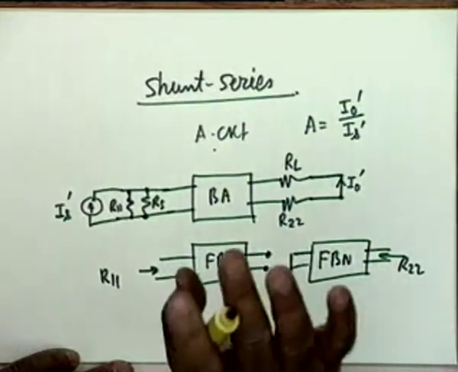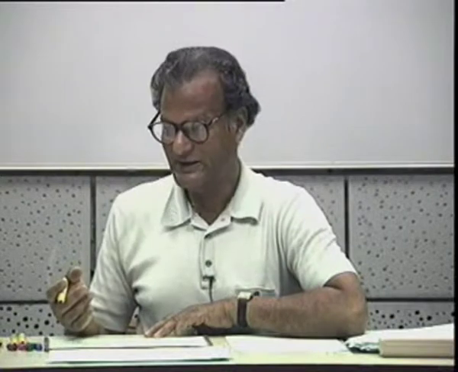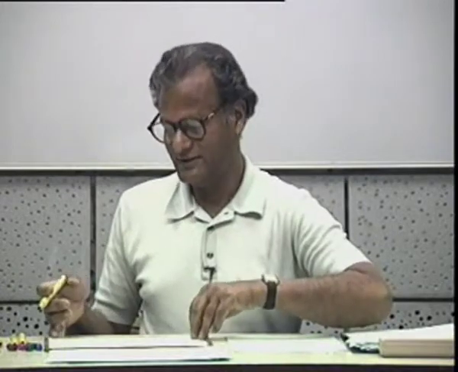We no longer bother about two-port parameters. The basic assumption of course is that the feedback network forward transmission is negligible compared to the forward transmission of the basic amplifier, and vice versa. Reverse transmission of the feedback network is much larger compared to the reverse transmission in the basic amplifier. As long as that is obeyed, this circuit is valid.